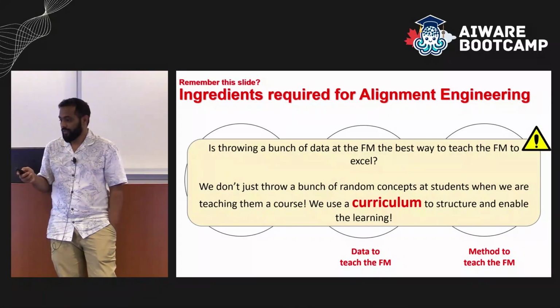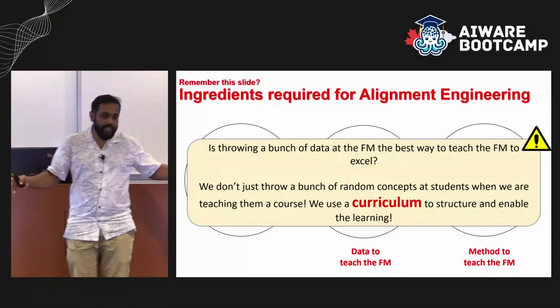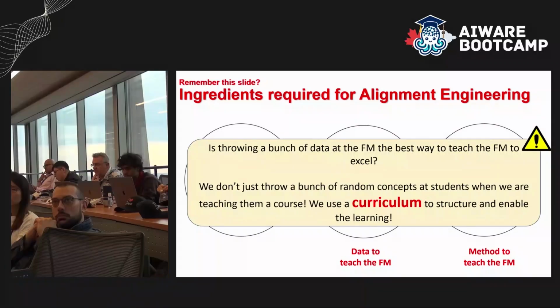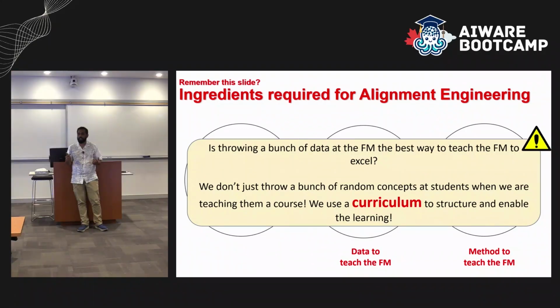However, is getting all this data, even in a curated way, and just throwing it at the model the best way to really teach a model to do the task?